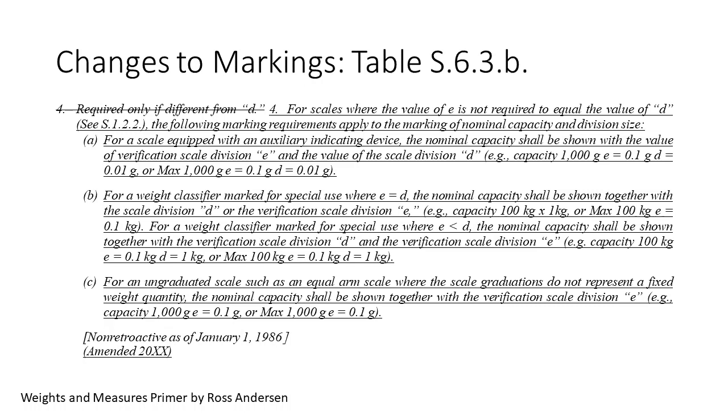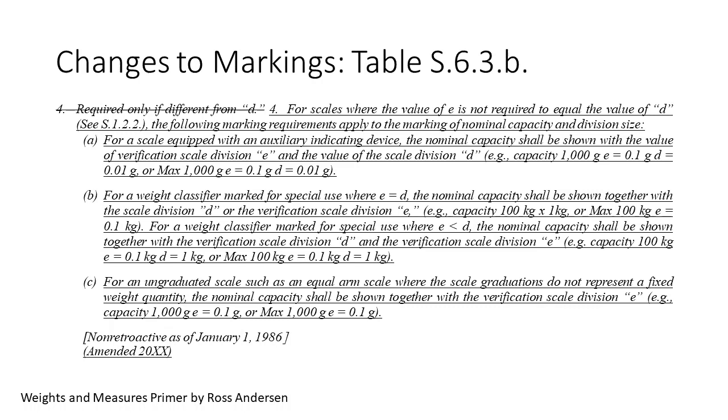The proposed change to Note 4 includes the exceptions to Note 3, where E is not required to equal D, and these parallel the 3 exemptions in S122. In A, scales equipped with an auxiliary indicating device must have marking of capacity with both E and D. In B, there are 2 cases for the weight classifier.